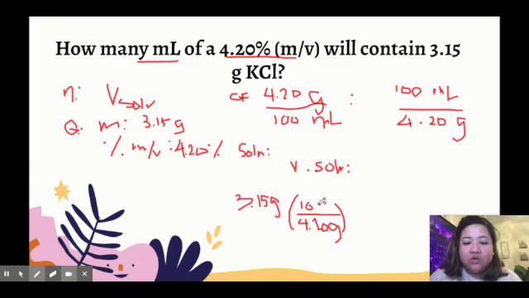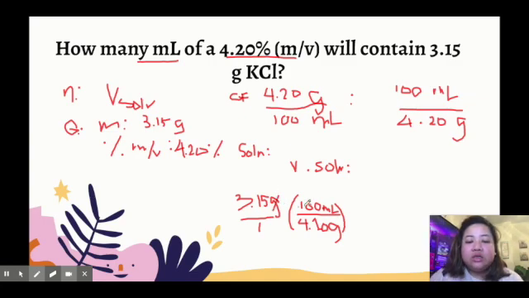Why did I use this conversion factor? Because our goal is to get the volume, whose unit is ml. So we don't want the grams, so we need to cancel that. To be able to cancel, the unit should be in the numerator and the other one in the denominator. So this is automatically over 1.